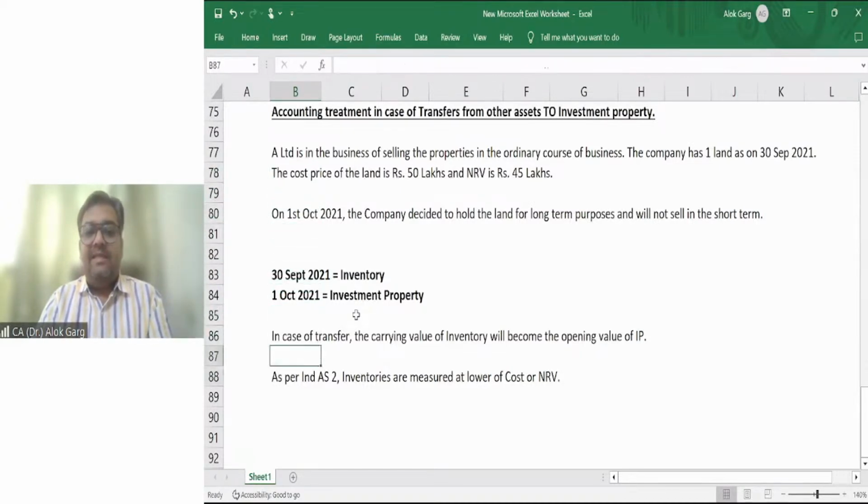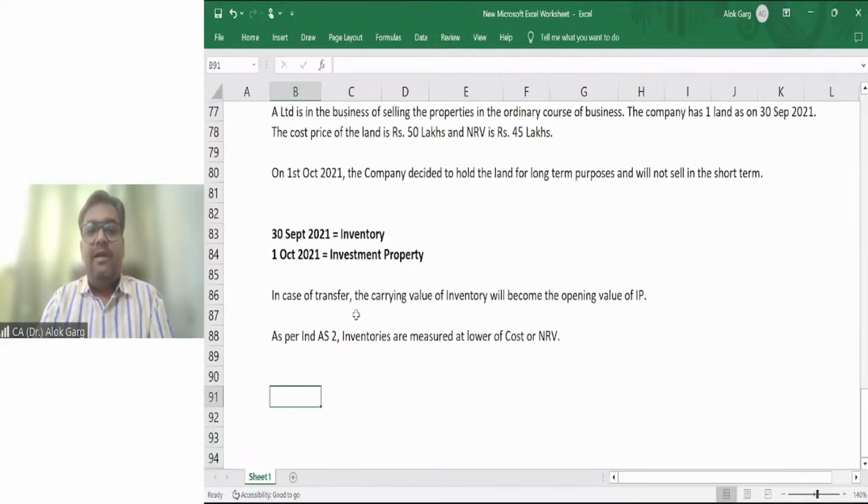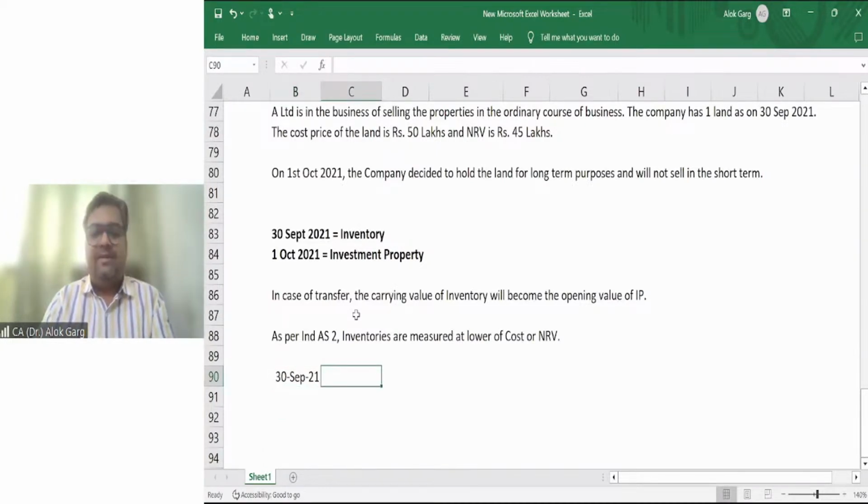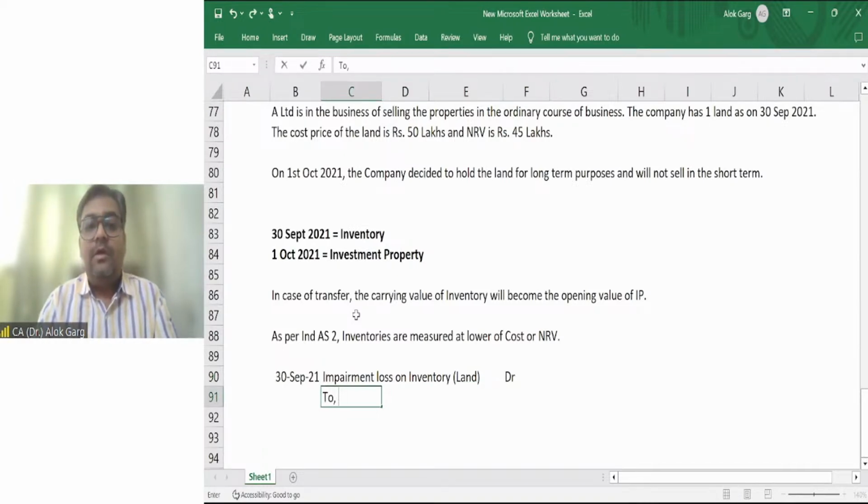So in this case, what accounting entry will pass on 30th September 2021? On 30th September 2021, you have to apply the inventory standard. Accounting entry: impairment loss on inventory, land account, debit.